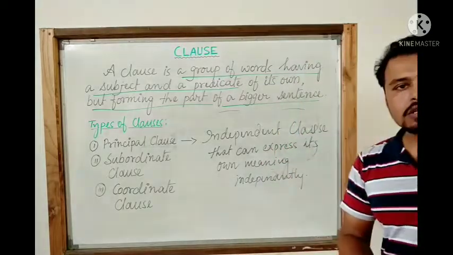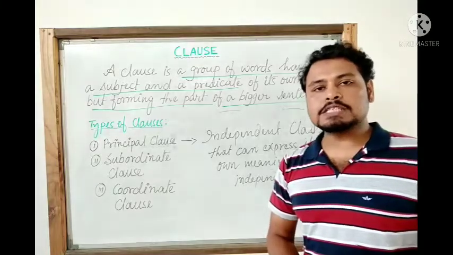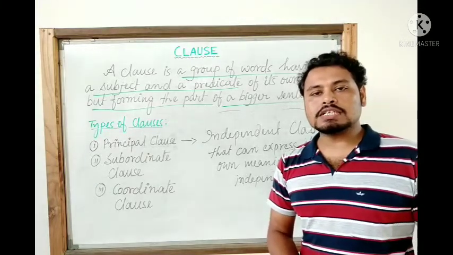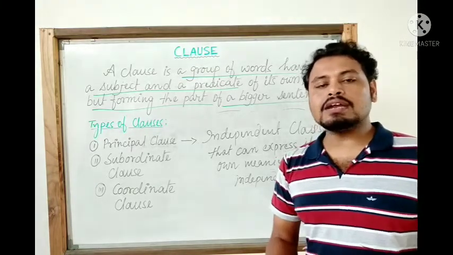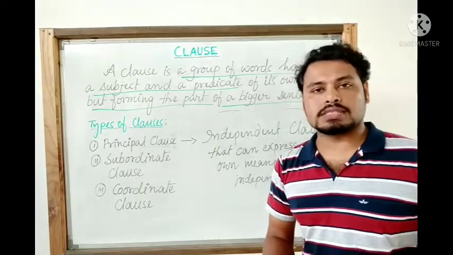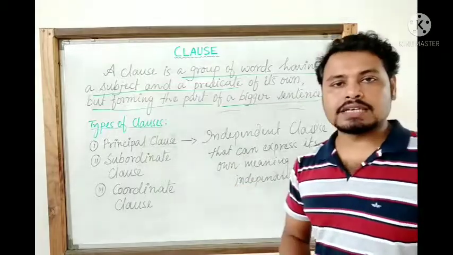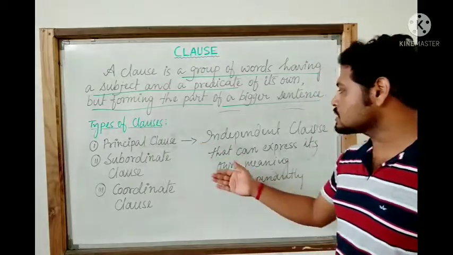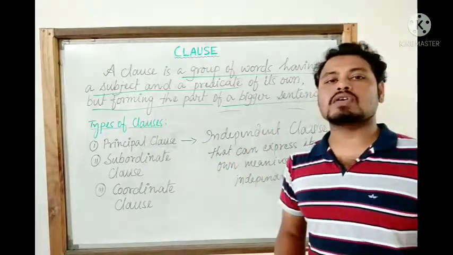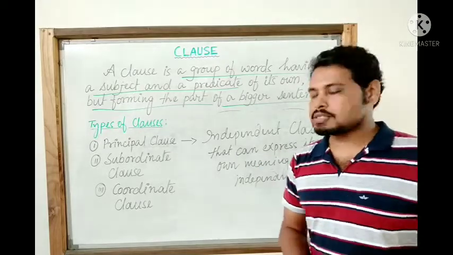That means to express its meaning, this clause is not dependent on another clause. So let us have an example and let us see how this clause can be called an independent clause or a principal clause.